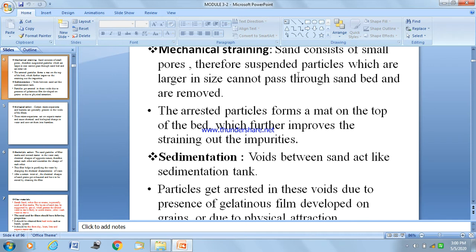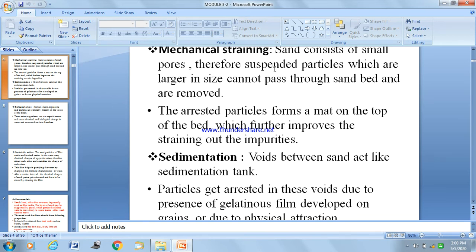All these particles are arrested at the top of the filtration bed, and a mat is formed. Because of the formation of the mat, the straining improves, and it helps to strain the impurities again. This is how it acts.